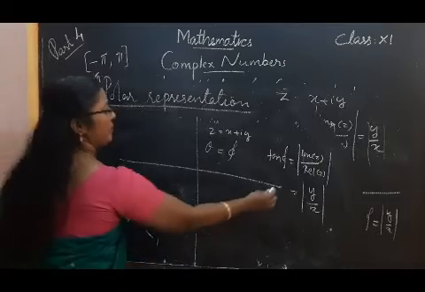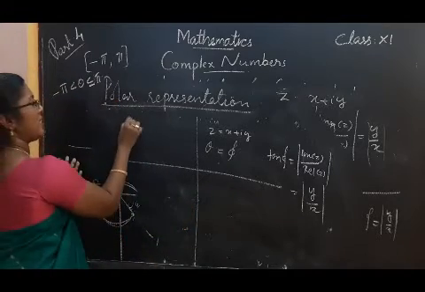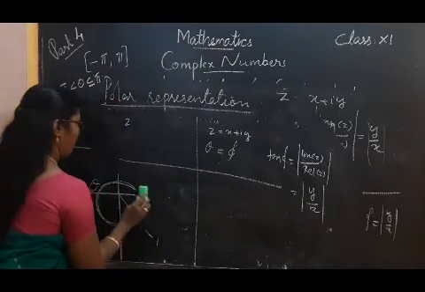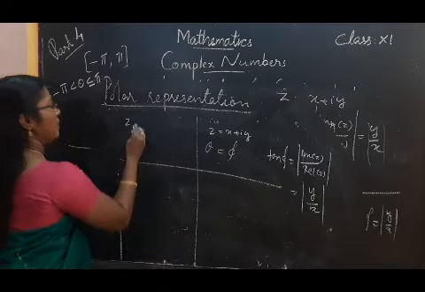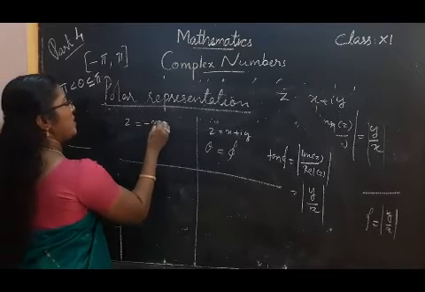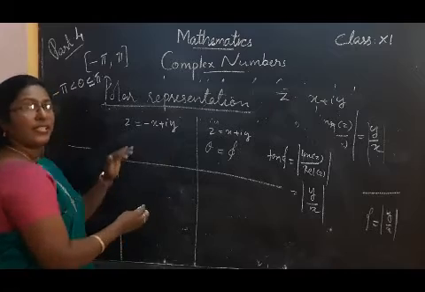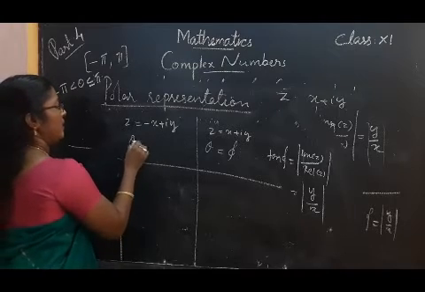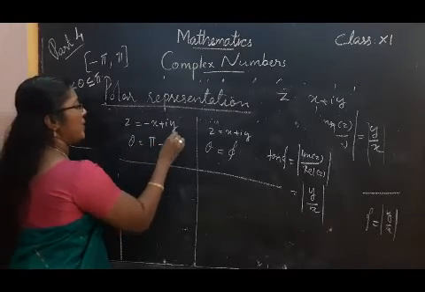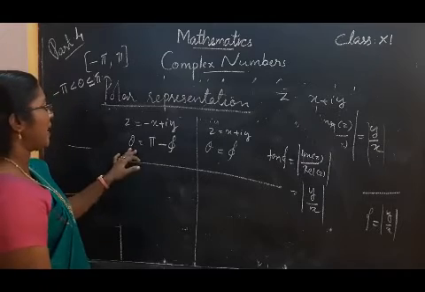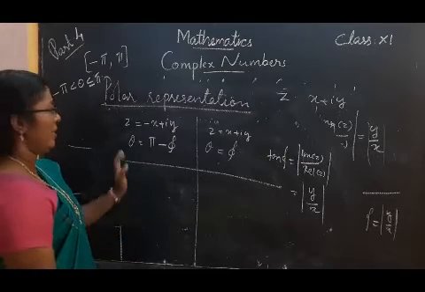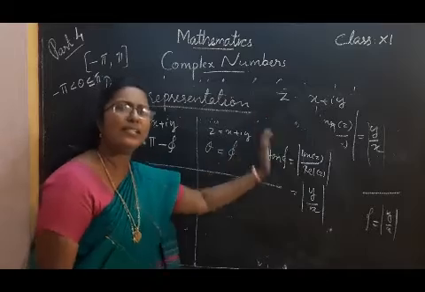In the second quadrant, if z equals minus x plus iy, theta equals pi minus phi. To find phi, use the same formula.